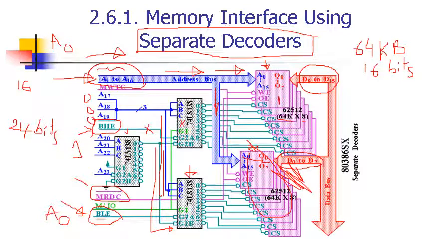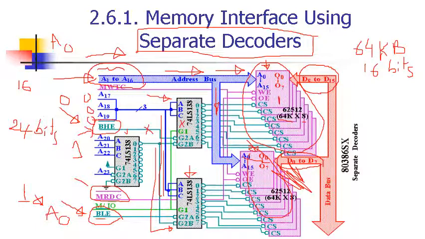If the opposite is the case, which means A0 is made high, while BHE is made low, meaning you are activating this decoder and deactivating the lower one, you can access any memory location from your high bank.